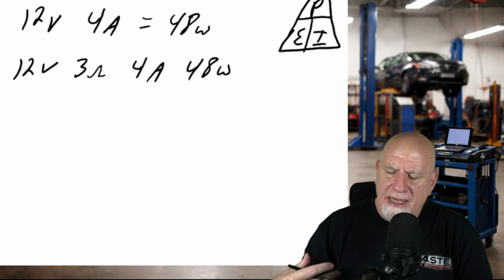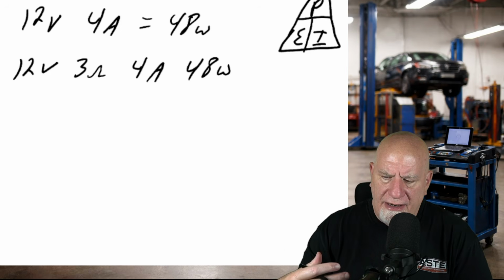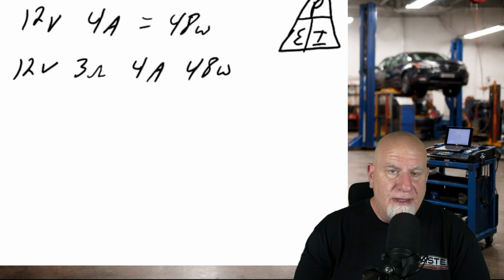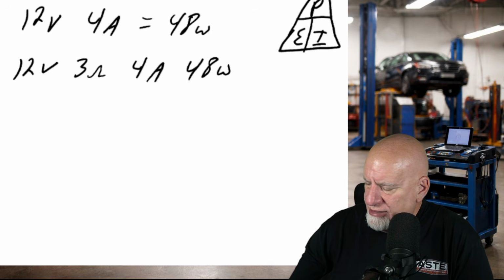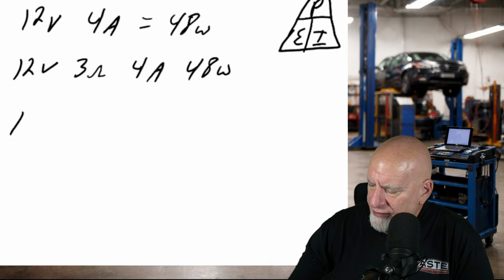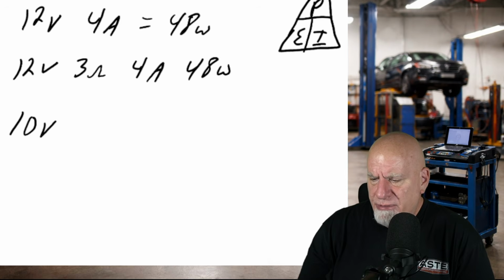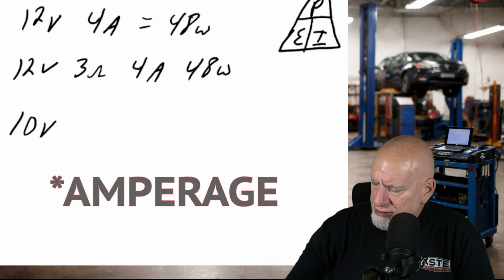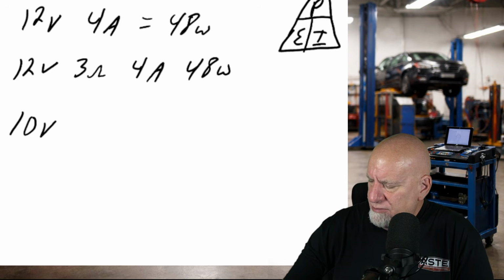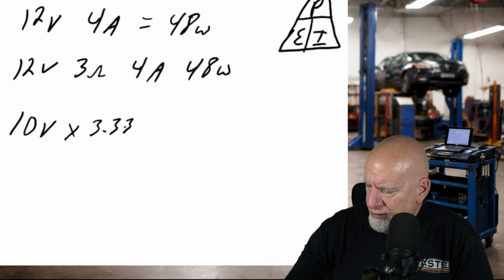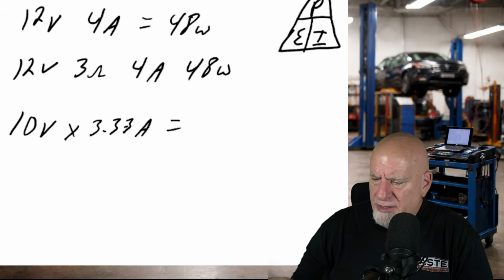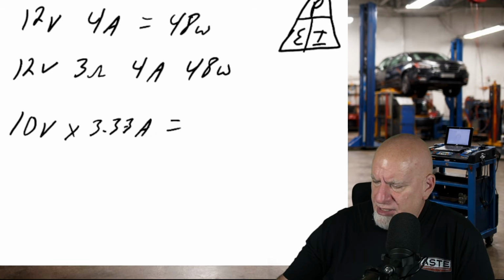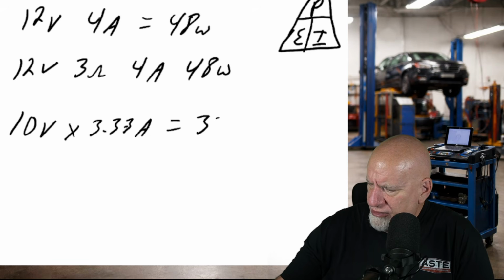So now let's take our example of the voltage going from 12 to 10 volts and see how it affects things. So now we have 10 volts. We know from the previous example that our current at 10 volts with a 3 ohm resistor was 3.33 amps. So now our power consumption should be roughly 33 watts.